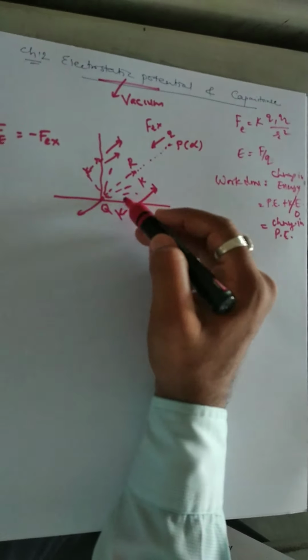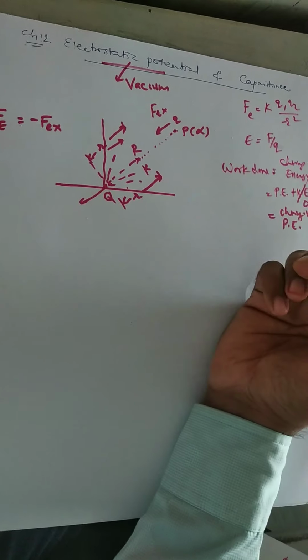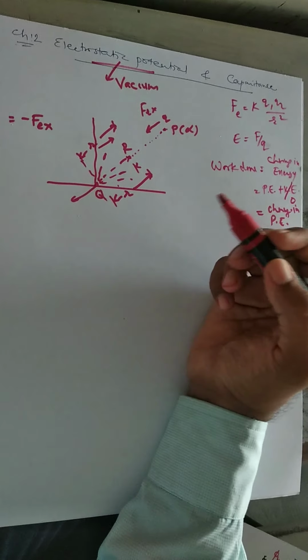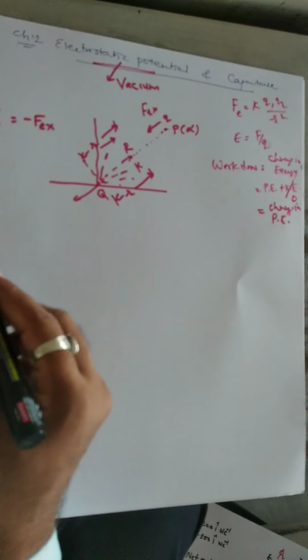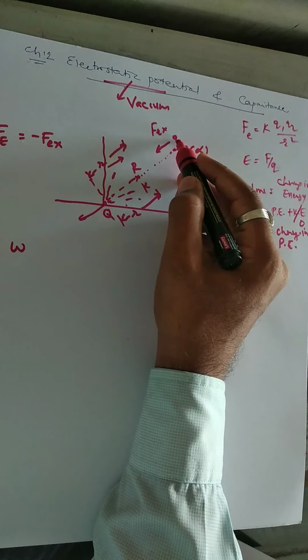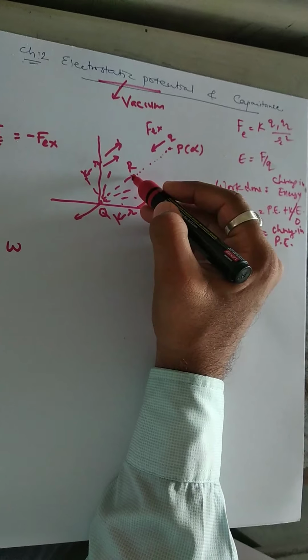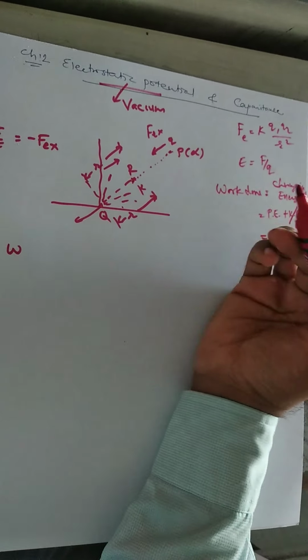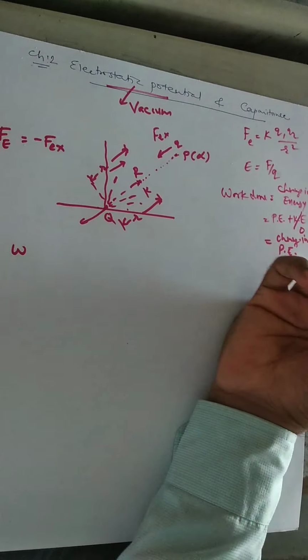As the force is applied and displacement happens, I can say that work is done on this unit charge to bring it from infinity to the point R at a distance of R from a given source charge.